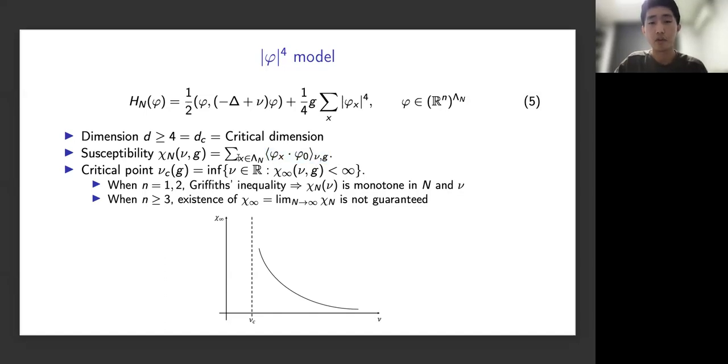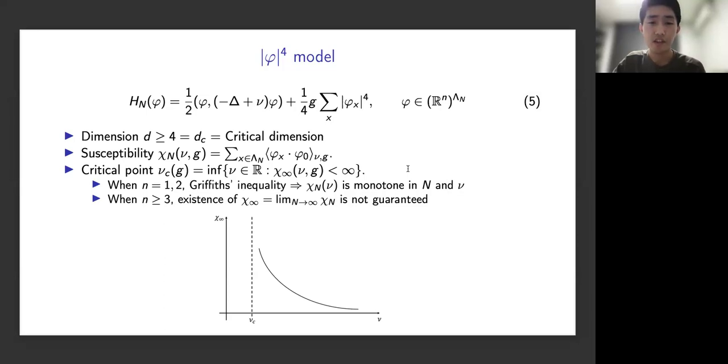And it is summed over all points x in the system lambda n. Then you can also consider the infinite volume susceptibility, which you can obtain simply by taking n to infinity for the finite volume susceptibility. And the critical point is defined as the infimum of all nus where the infinite volume susceptibility is finite.